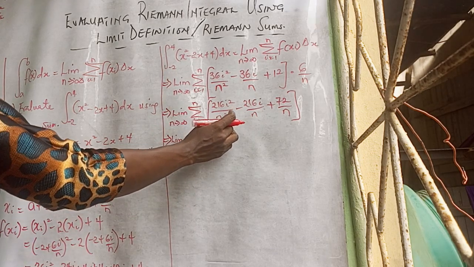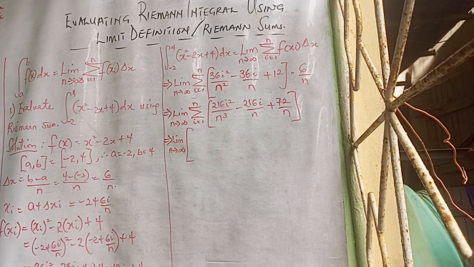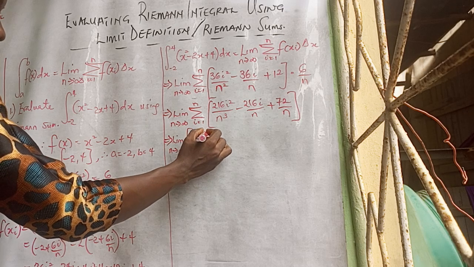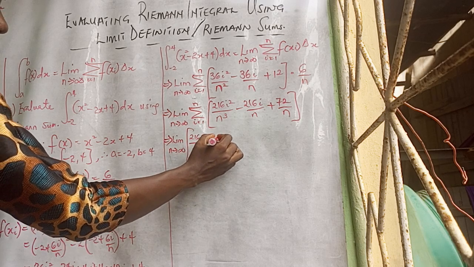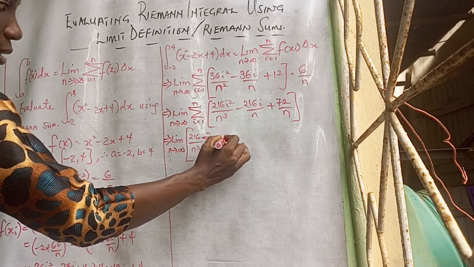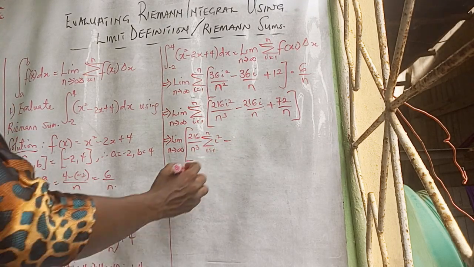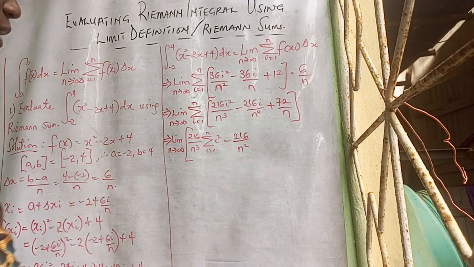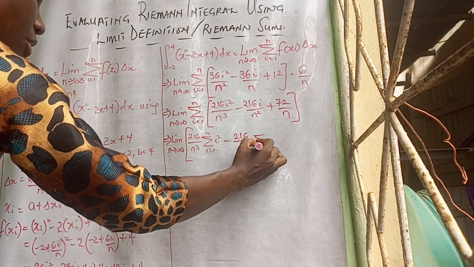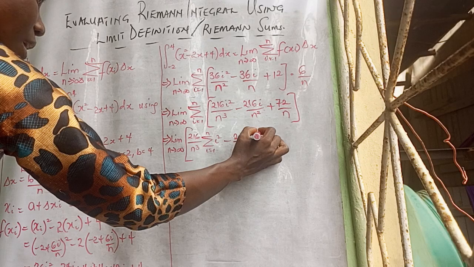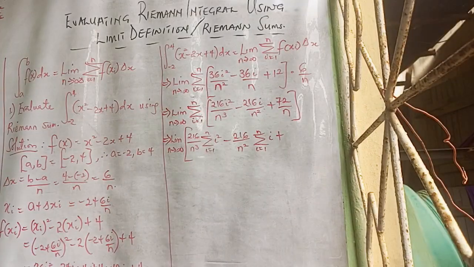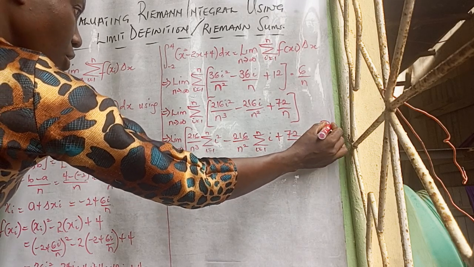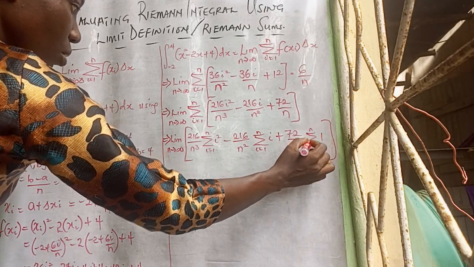And we try to take the individual summation of all of that. I have 216 over n cubed summation i squared from i equals 1 to n, minus 216 over n squared summation of i from i equals 1 to n, plus 72 over n into summation of 1, i equals 1 to n.